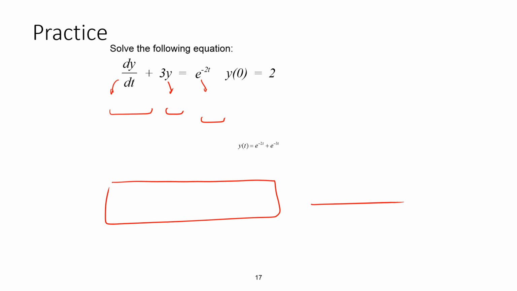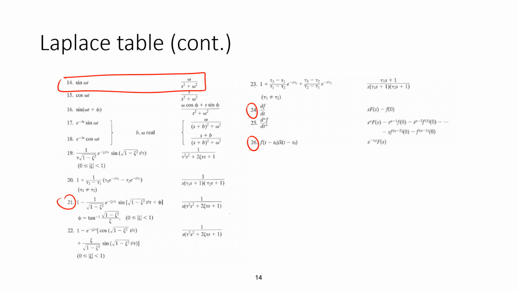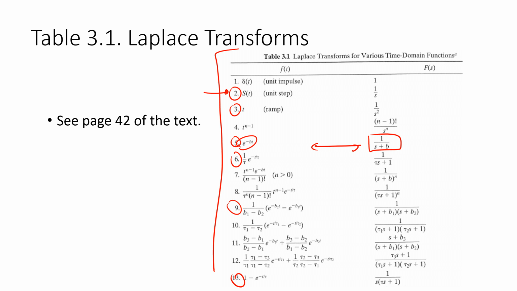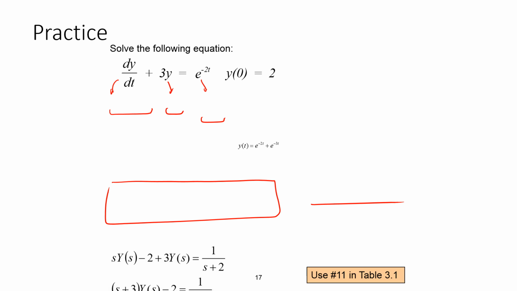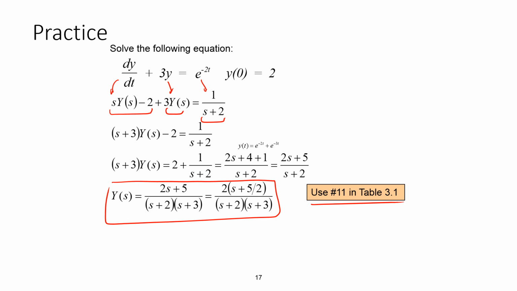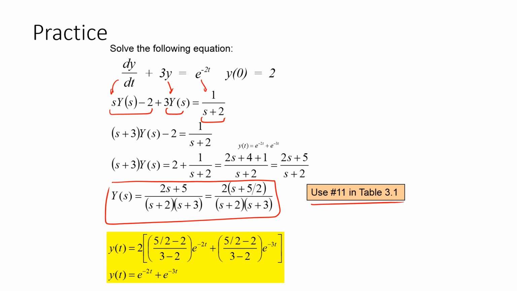Let's go back to number 11 on 3.1. So we found something right here, and it's just going to be that in the time domain. So we just have to figure out what our B3, B1, and B2 are, and then we have B3, B2, and B1 in the time domain as well. Here's our B3, B2, and B1, and there's our final solution.